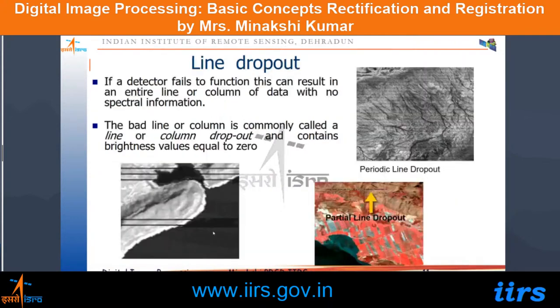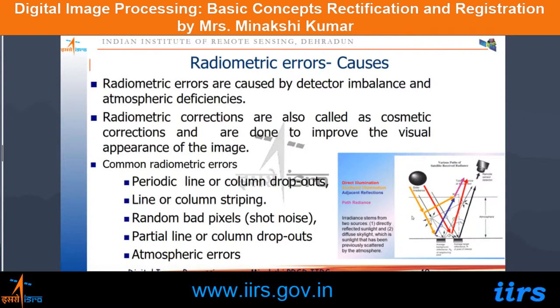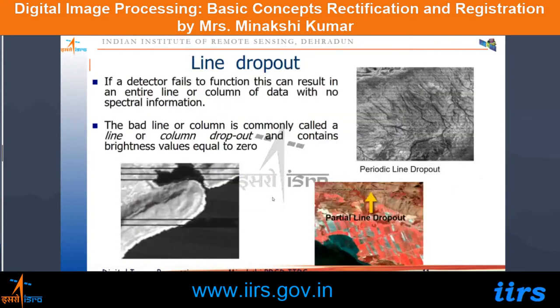So let's see some of the errors one by one. First we will start with line dropout. Line dropout, the name suggests, is that the detector which is recording the line fails to record. This detector malfunctions and it fails to record the entire line of data. Now, this is a kind of periodic error, because when the detector fails to record and it continues in the entire image, it will be a banding pattern.